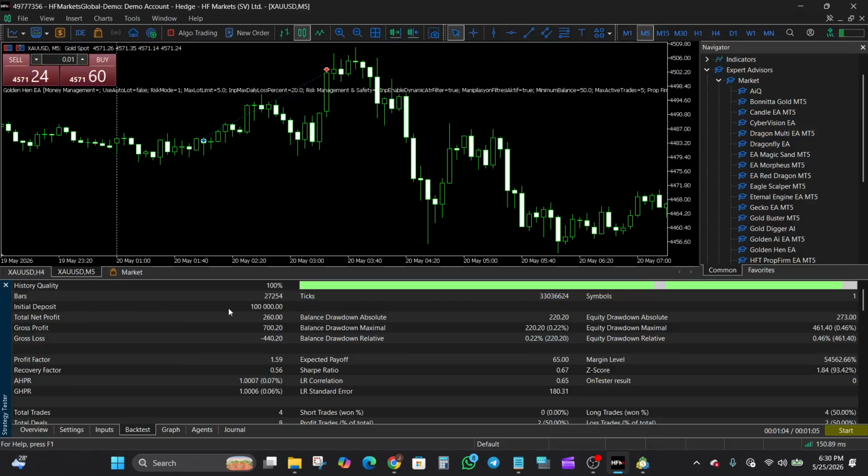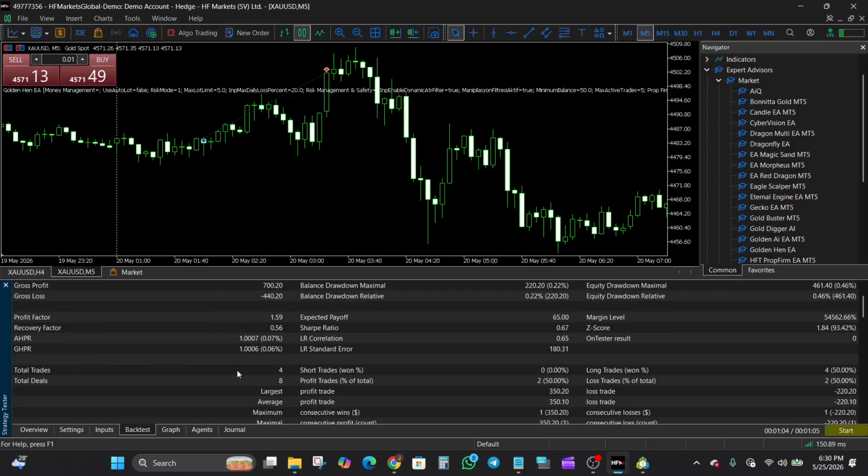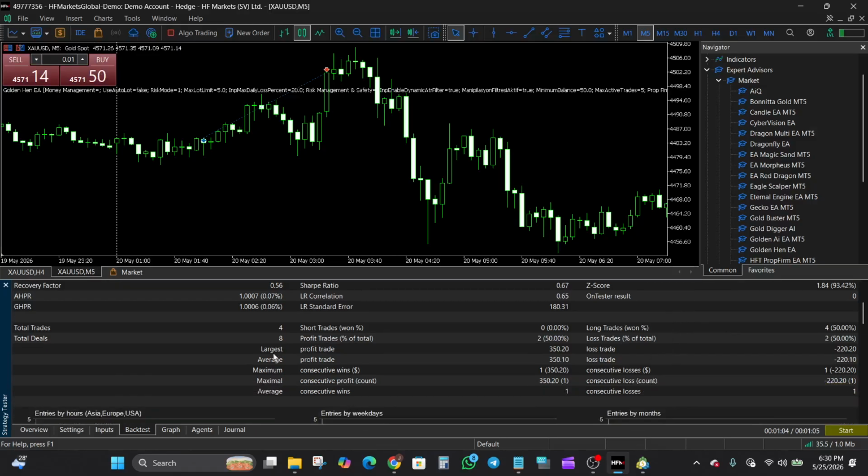Now, from an initial deposit of $100,000, the total net profit is $260. The total trades taken were just four. No short trades were taken; all four trades were long, with a 50% win rate. The largest profit was 350.2, the largest loss was 220.2. The average profit 350.1, the average loss 220.1.